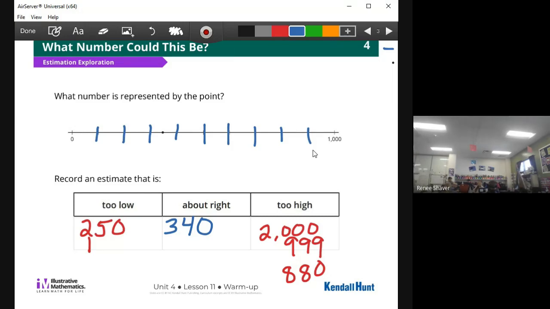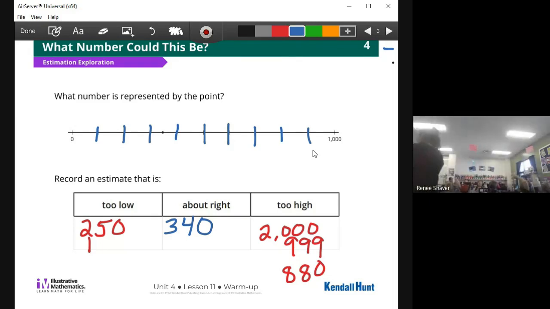I'm going to use that word in a little bit. Partitioned is a synonym for equal parts. So they've separated our number line into equal parts. What do you think they were counting by? What was our scale? Hadley? By hundreds.